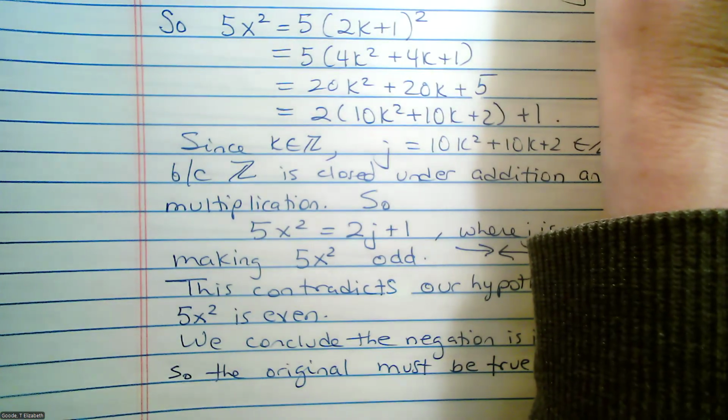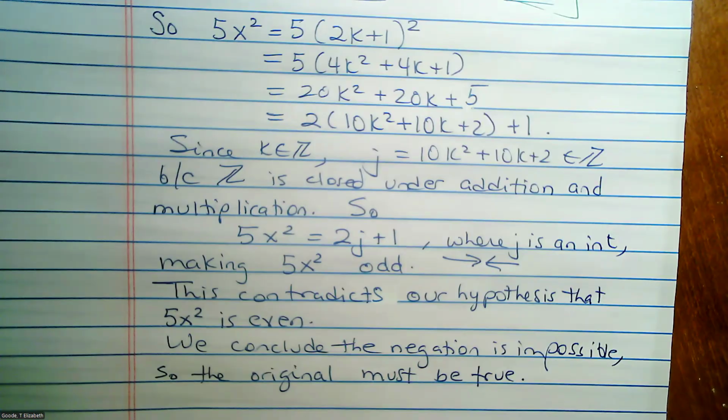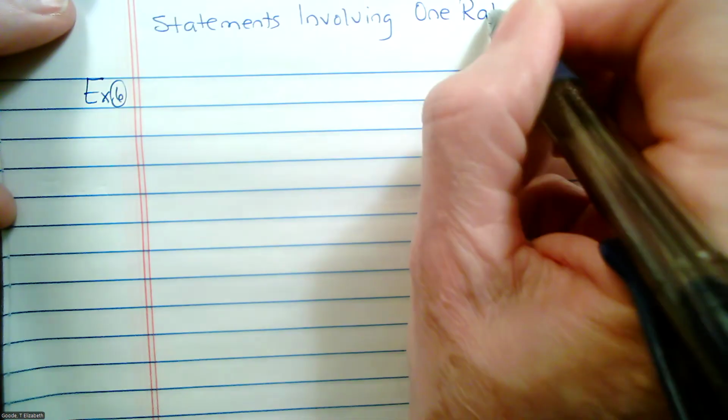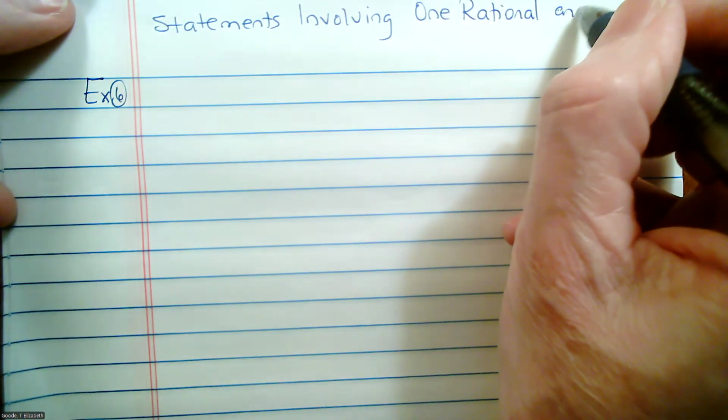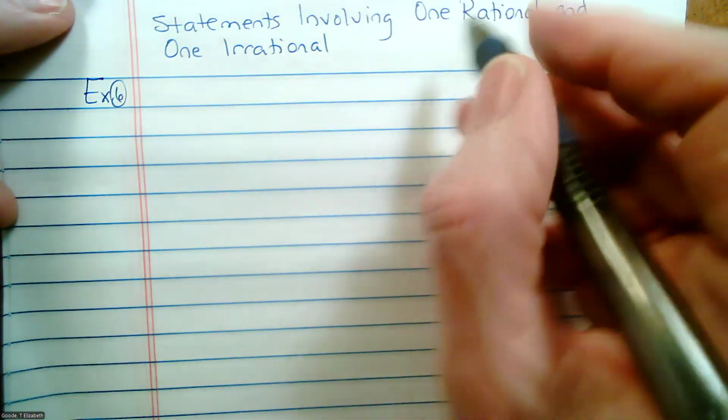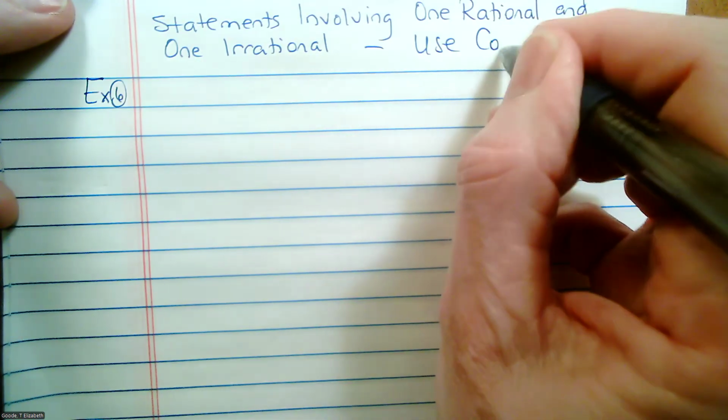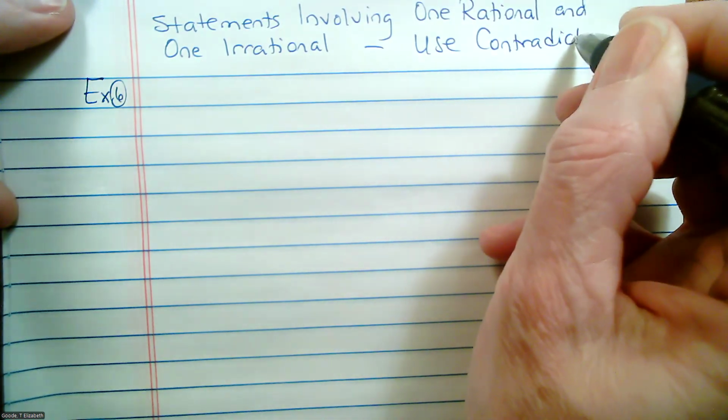Now, one of the main kinds of statements that we have to use contradiction for are statements involving one rational and one irrational, like in homework 8. You always want to prove these by contradiction, not contrapositive, but contradiction.